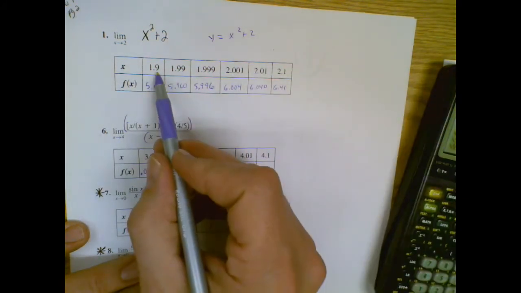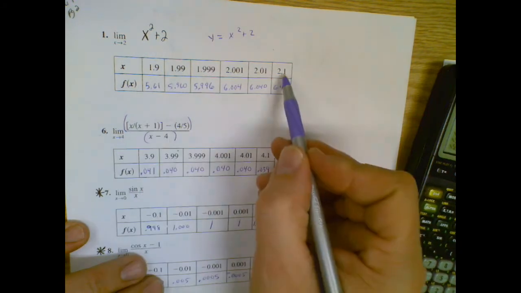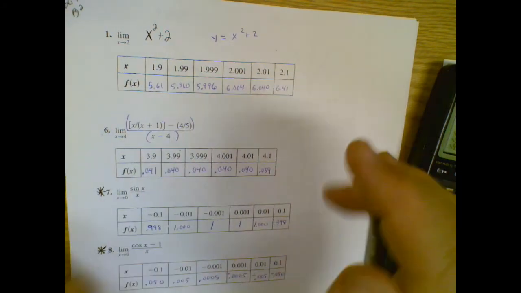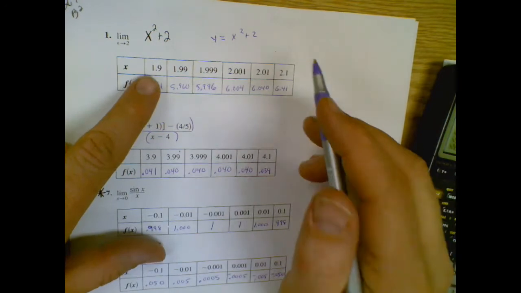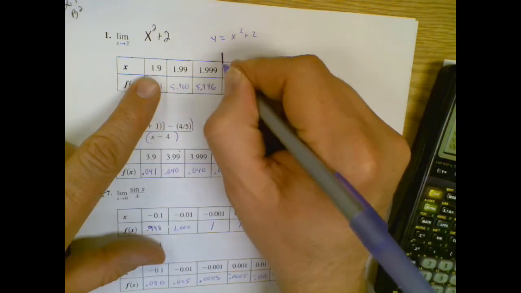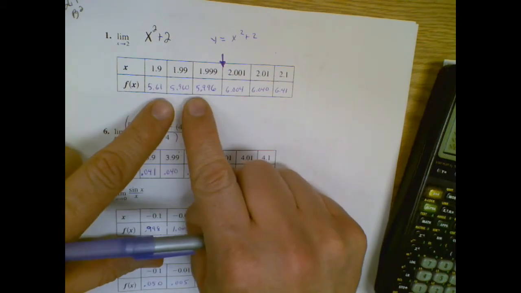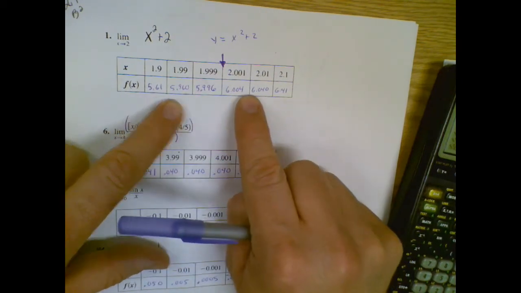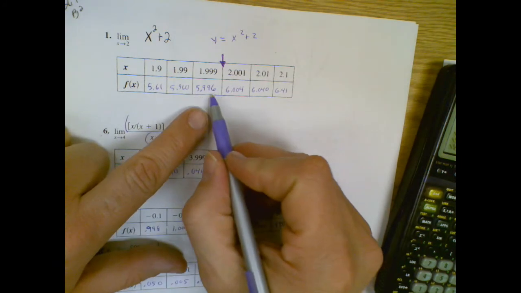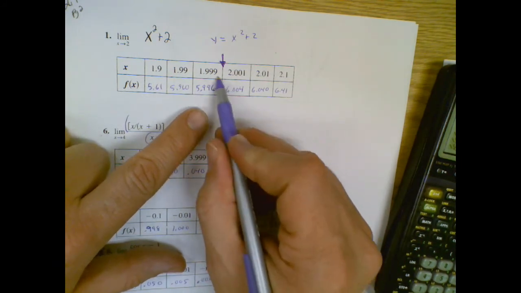But you can tell when x is 1.9, this is your y value. As is 2.1, this is your y value. As you get closer to 2, 2 is right here, isn't it? As you're coming in on the left side, numbers are getting bigger. As you're coming in on the right side, numbers are getting smaller. What number does it appear it's going to reach between these two numbers?